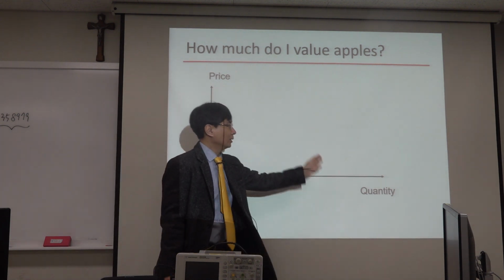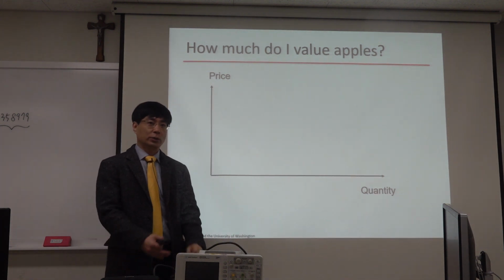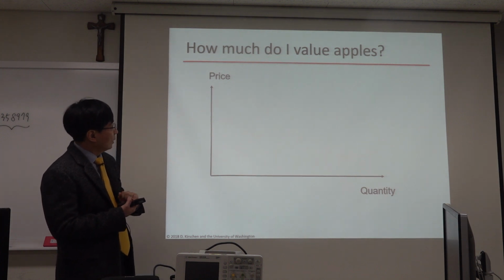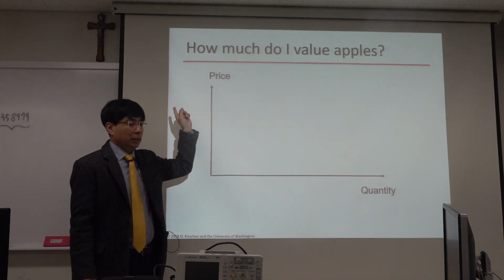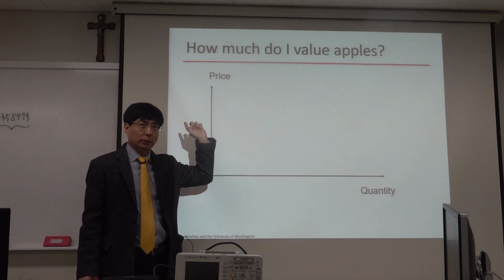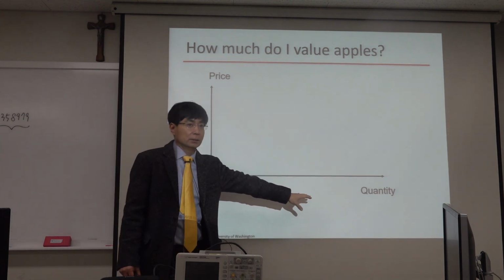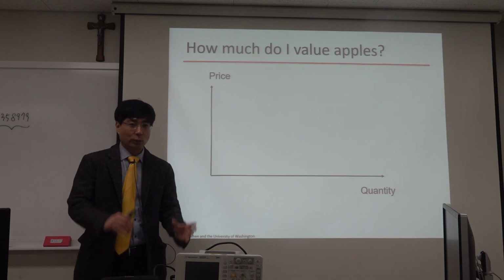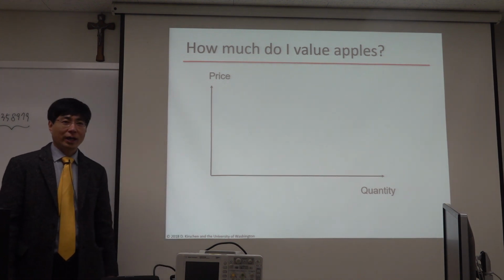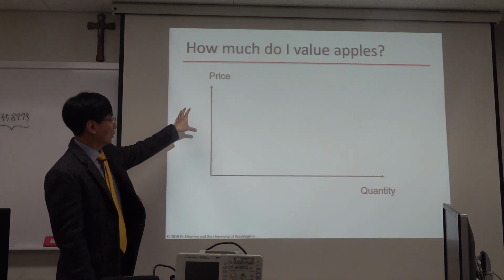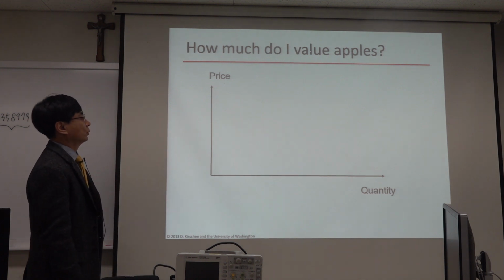Sometimes x is here, so it depends on the situation. But normally, the price is an independent variable. You can think of the price as a variable that affects the quantity. So you need to rotate your head when you try to understand this graph.